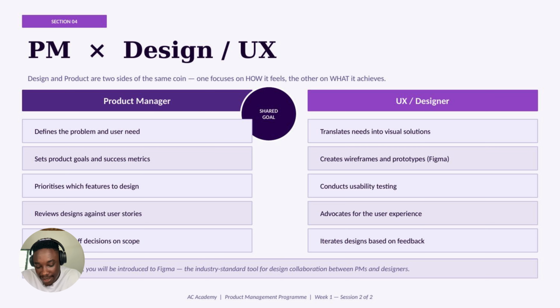As a product manager, you define the problem, you set the goals, and you decide which features to prioritize. So the designer translates these needs into visual solutions, including wireframes, prototypes, and even usability tests. Crucially, both of you actually advocate for the user. That shared mission is what makes your bond stronger.